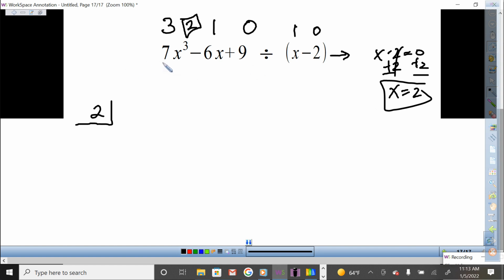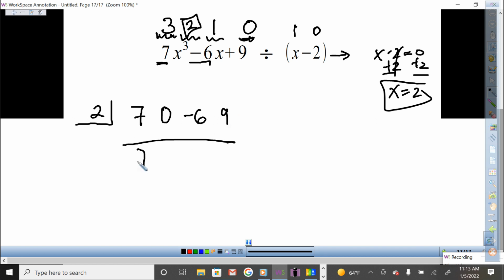So what is my first coefficient? 7, for the third degree. How about for the second degree? Do we have a second degree in here? So what do we write? 0. Next, for the first degree, what do we write? -6. And for the 0 degree? 9. Bring down the 7 so we can begin our process.